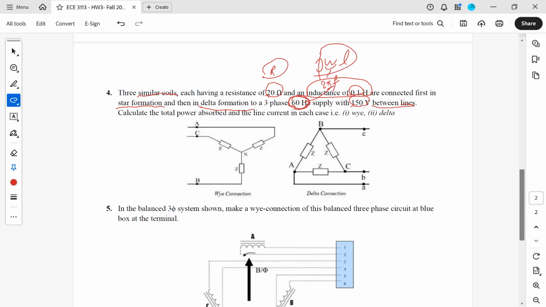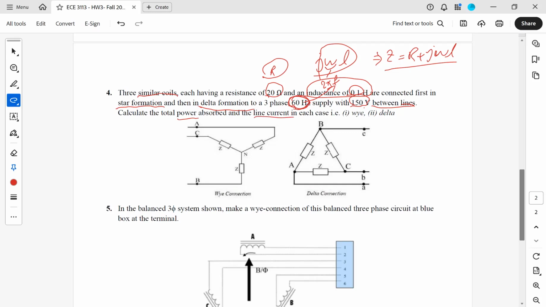You have the resistive part, so overall you have your impedance as R plus j omega L. Okay, now that we have our impedances, let's calculate the values of the power and the line current.